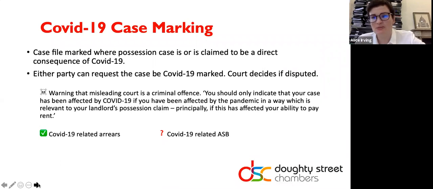Nevertheless, I don't see that you would be misleading the court if you were to set out your circumstances and make it clear that you weren't seeking case marking on the basis of rent arrears, if that wasn't applicable. Then it would be for the other party to object if they thought this wasn't an appropriate use of the case marking, and for the court to determine the matter should the other party object.